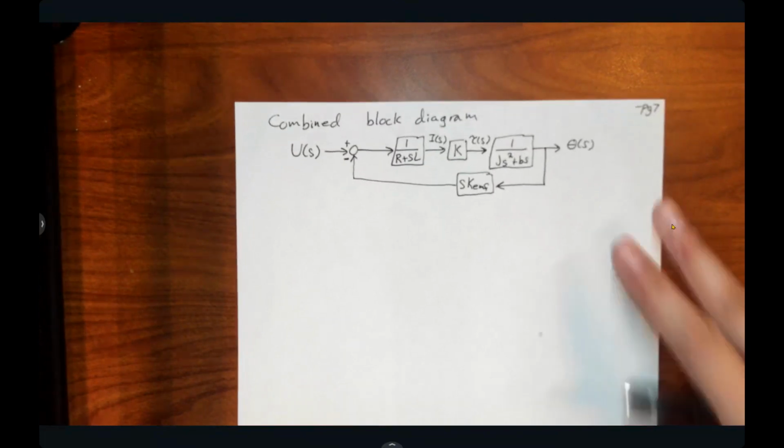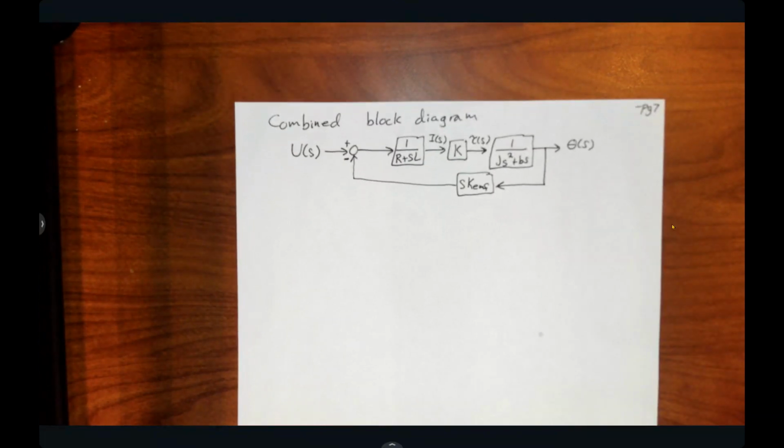So it still looks a little bit messy, but if you recall when we were first talking about block diagrams, we said that when we have these block diagrams arranged in a certain way, we can combine them together to make a simpler looking system.